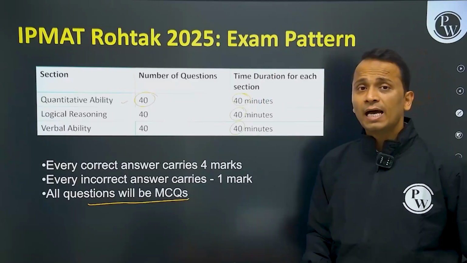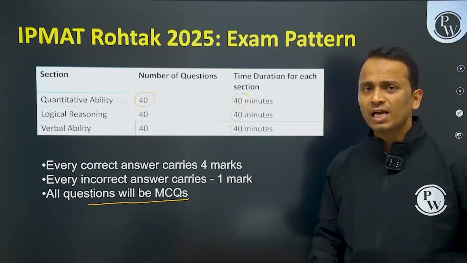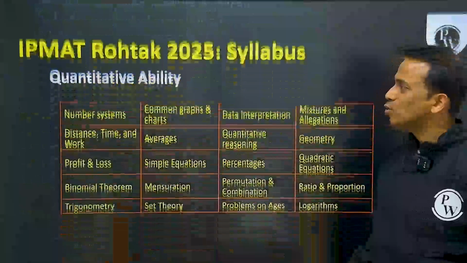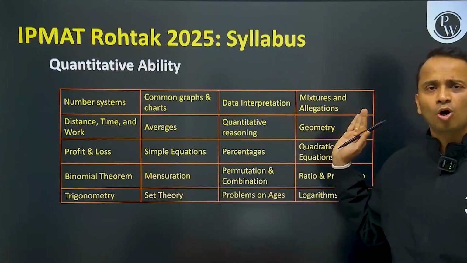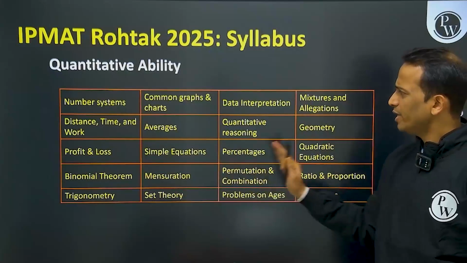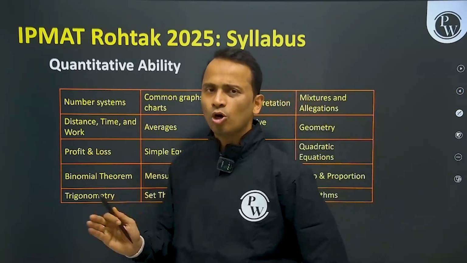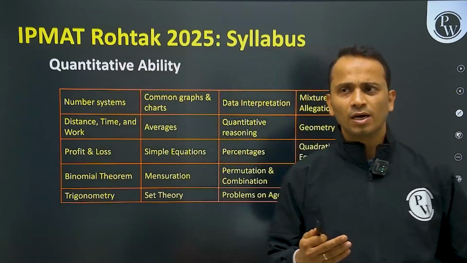Now moving ahead and talking about each of these sections separately, about the syllabus of each of these sections, starting with quantitative ability, you will be tested on all these parameters. Now here I have not written it in any sequence. I have gone through some of the previous year papers, right?